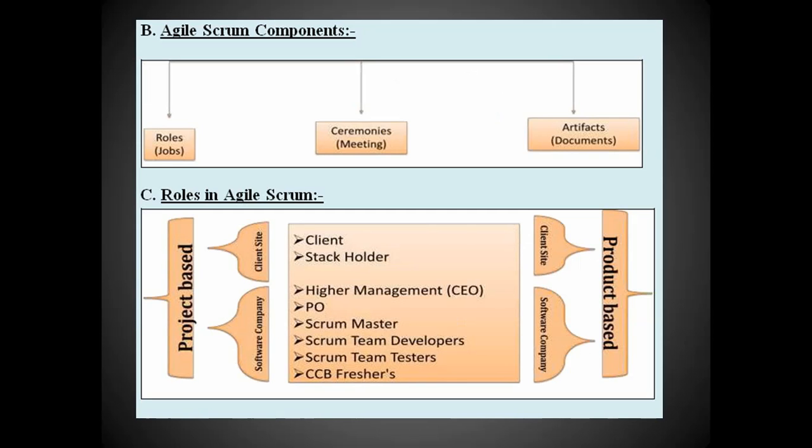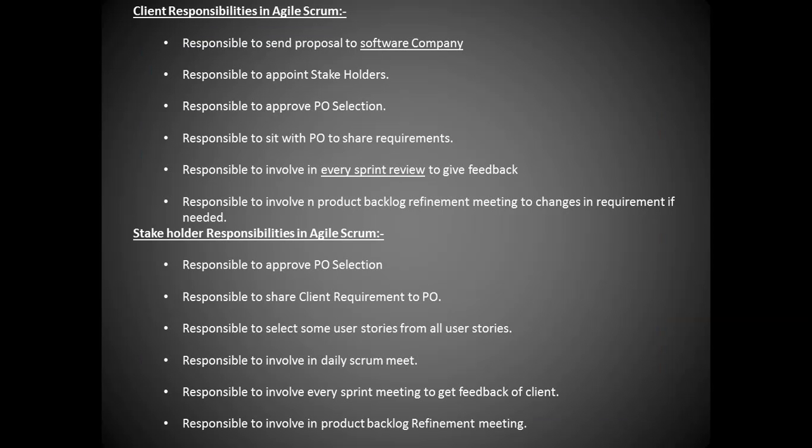Roles in Agile Scrum, project based or product based: the client side people, meaning the client and the stakeholder, and in the software company or any organization, the higher management, meaning CEOs, product owner, scrum master, scrum team developers, scrum team testers, and the CCB, change control board. These are all the roles present in Agile Scrum itself.